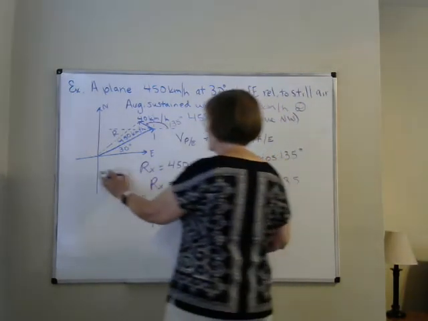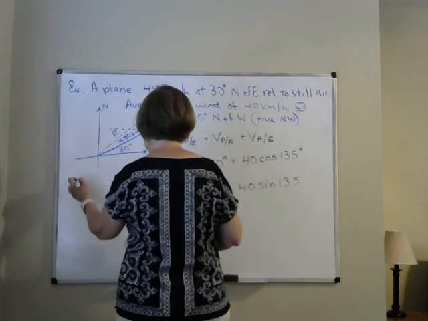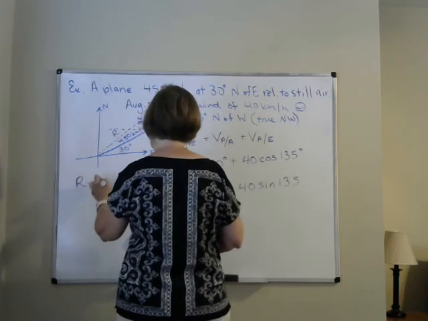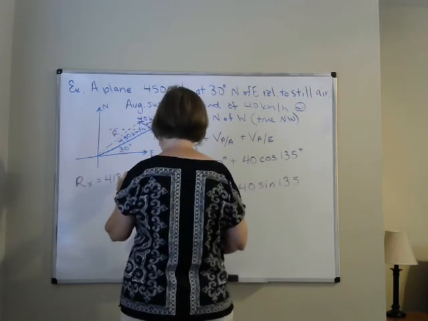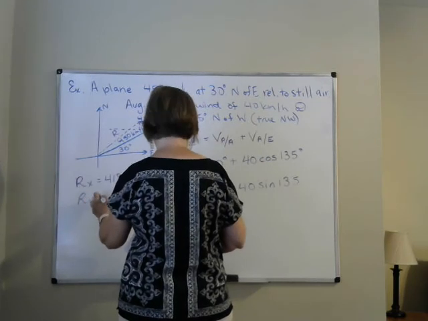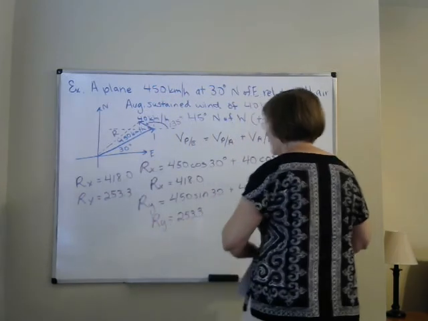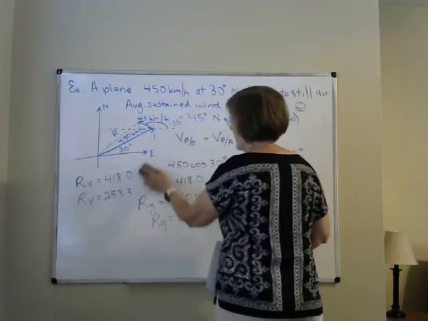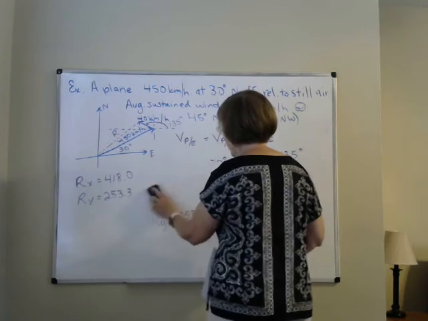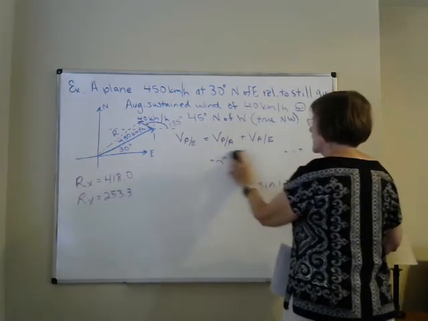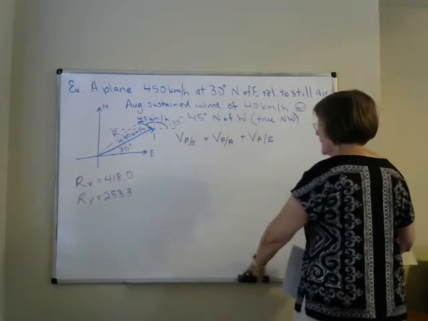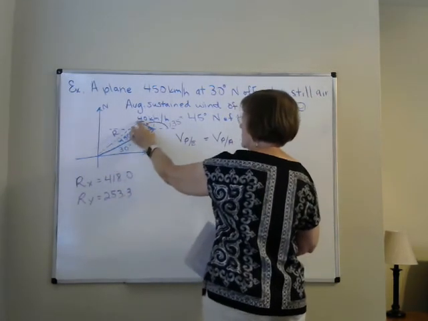The x component is 418.0, the y component is 253.3. Notice they're both positive, so the velocity is going to be in quadrant 1. When I look at my picture, I certainly expect that this resultant will be in quadrant 1.